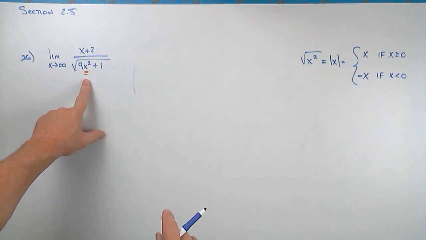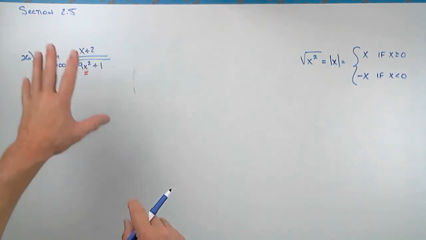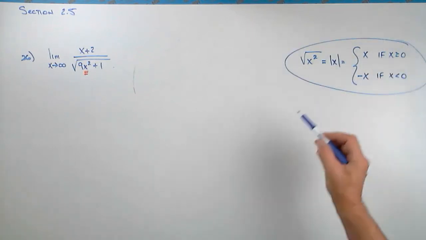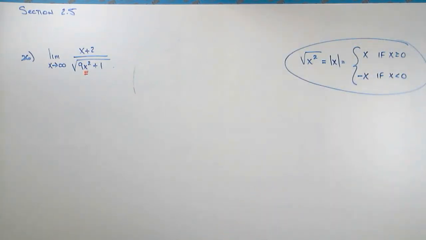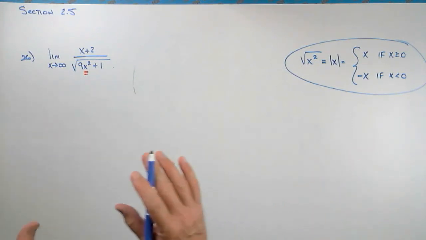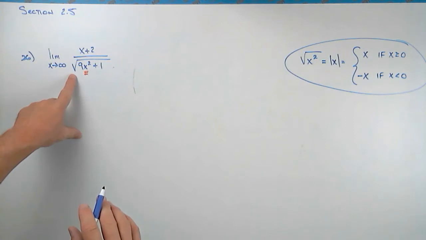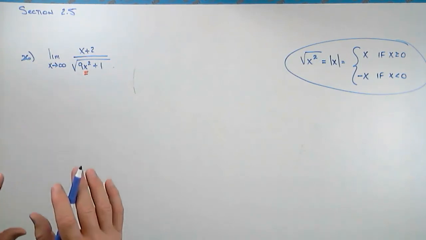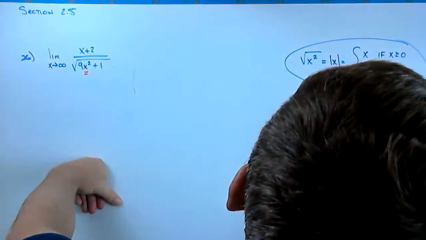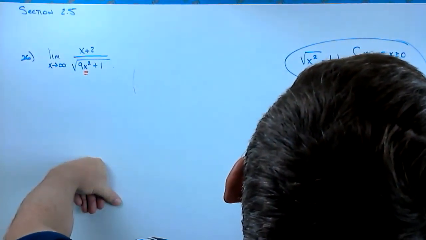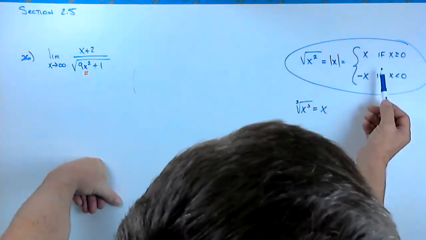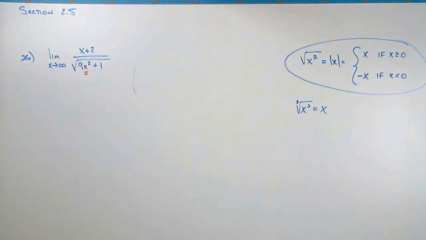Yes, it's about limits as we approach infinity, but it's also, does the student remember the square root of x squared is not x? So when you have a square and a square root, a cube and a cube root, not a big deal, because the cube root of x cubed is just x. It's the even roots where we have to do this piecewise defined function.